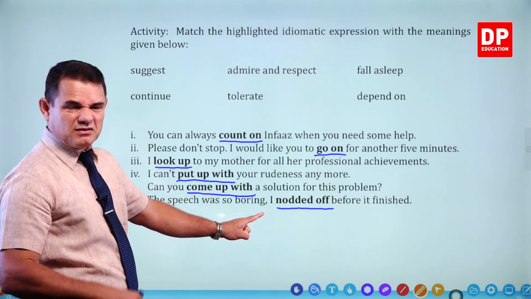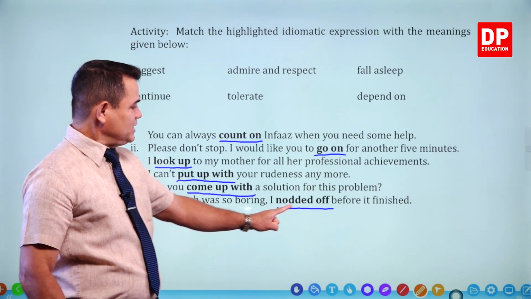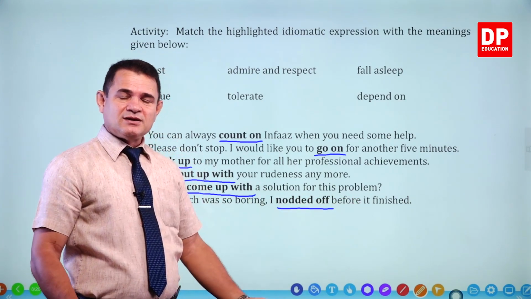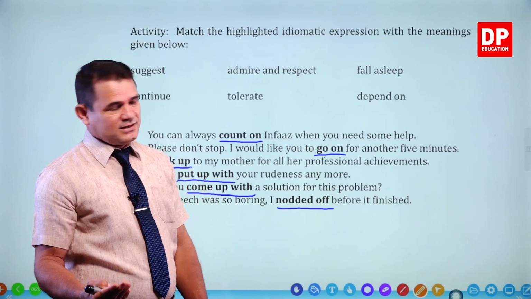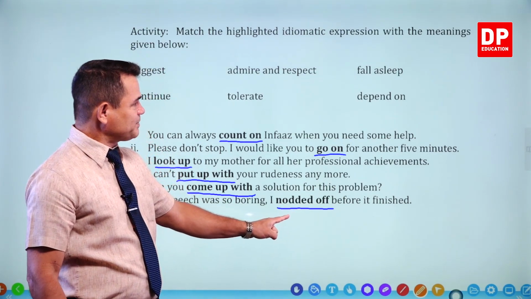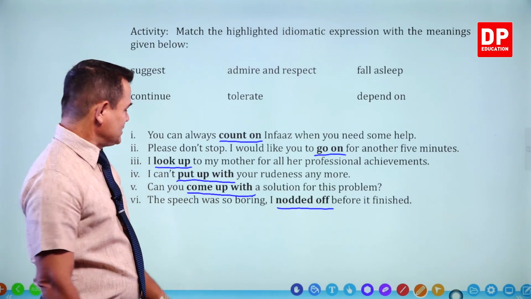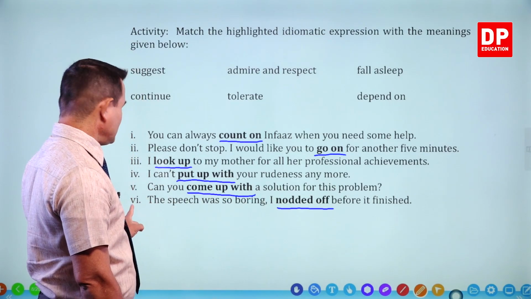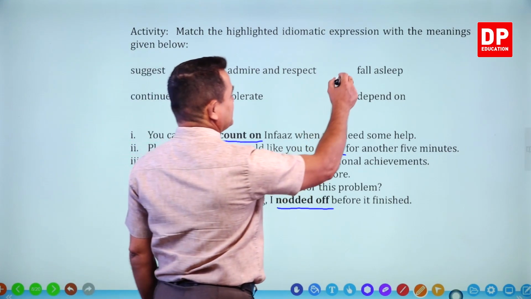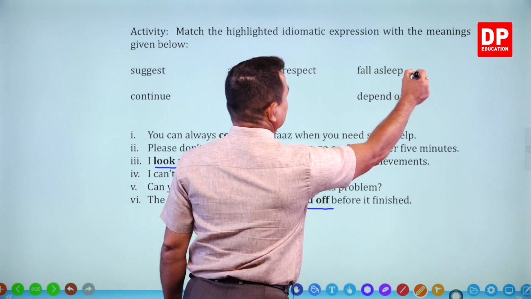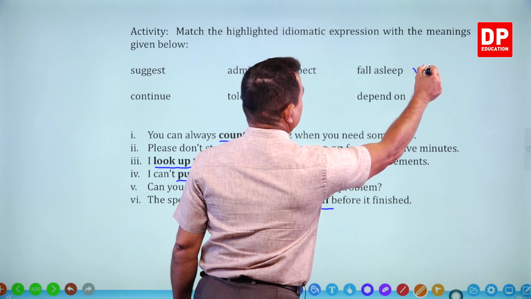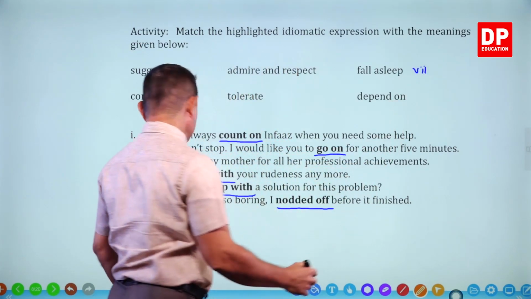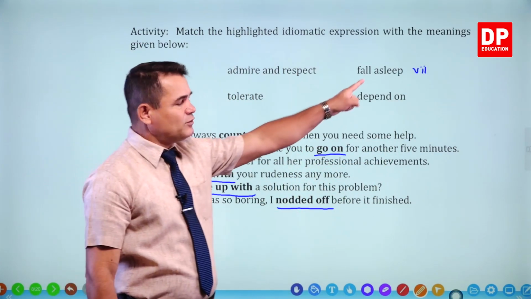I nodded off before it finished. What does nodded off mean? Fell asleep. So number 5, nodded off means fall asleep.